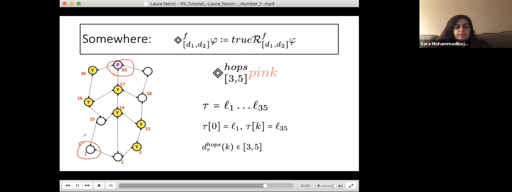You can see there is a route, 1, 2, 3, 4, that permits us to reach pink at a distance of more than 3 and less than 5.